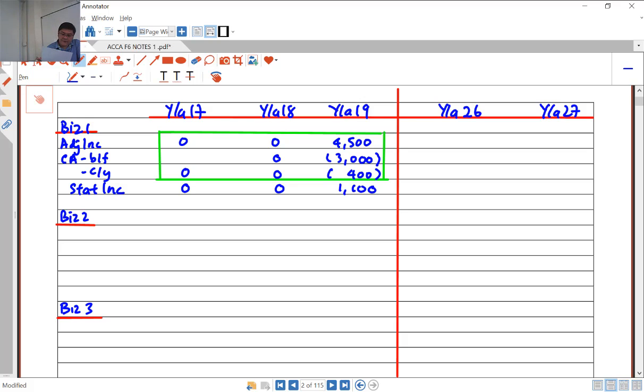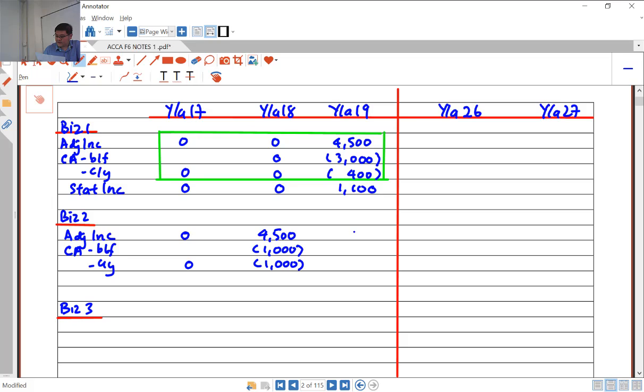Okay, now for business 2, my adjusted income, again my CA figure. Now first year is loss, second year is 4,005, then the CA brought forward is 1,000, the current year CA is 1,000.